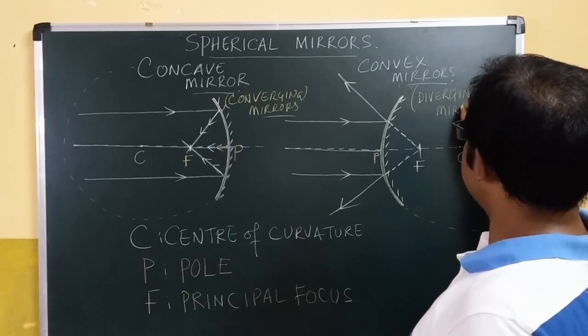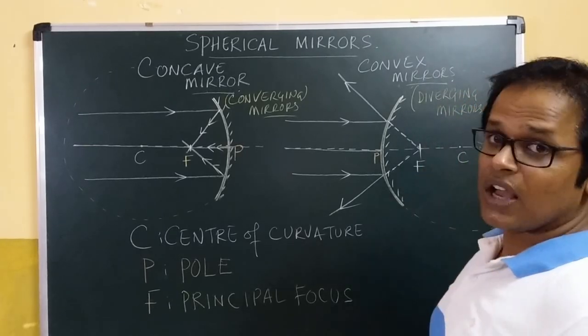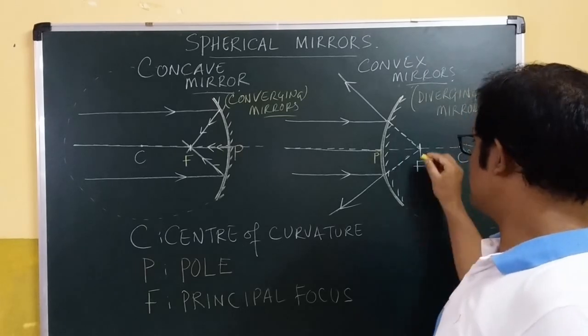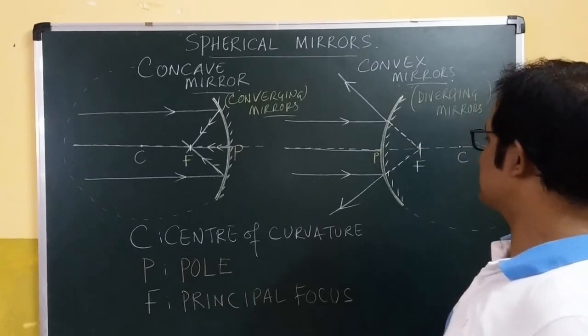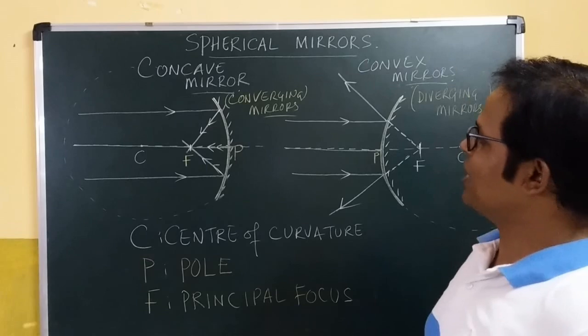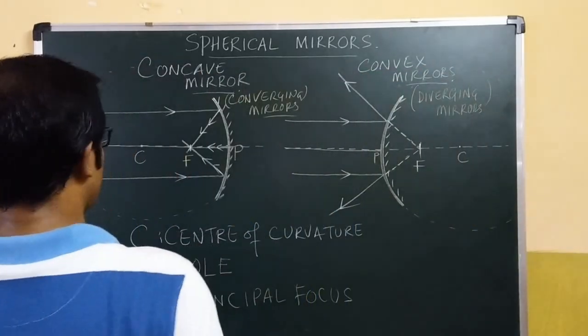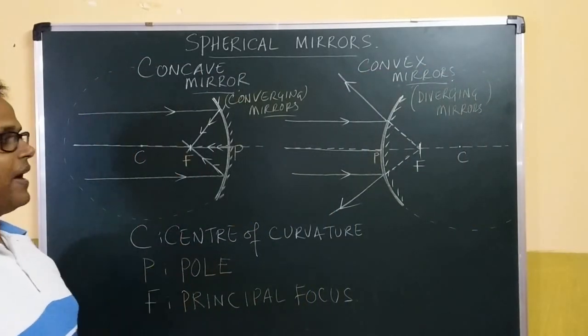So hence, in case of a convex mirror, we can't find a focus which can be obtained on an opaque screen. Whereas in case of concave mirrors, we can definitely find this focus point on an opaque screen.